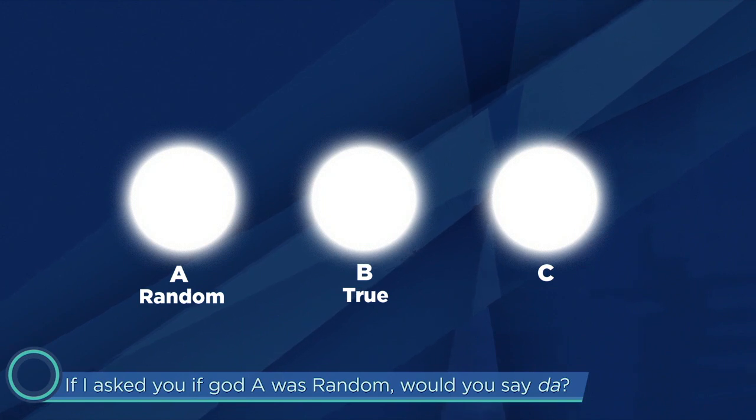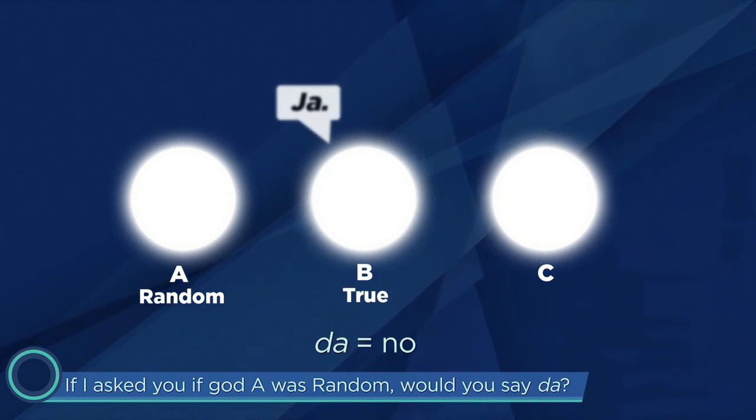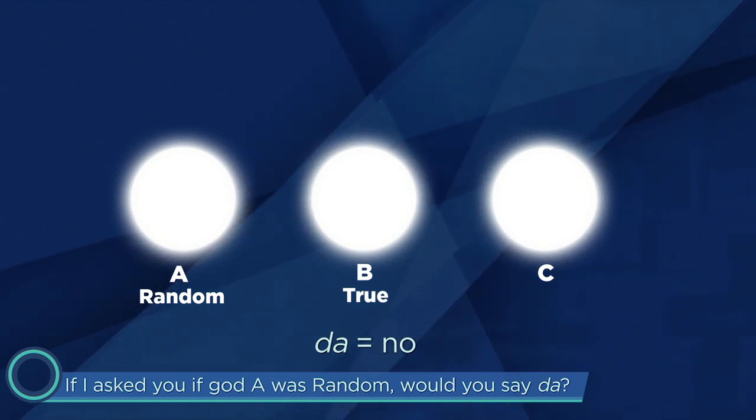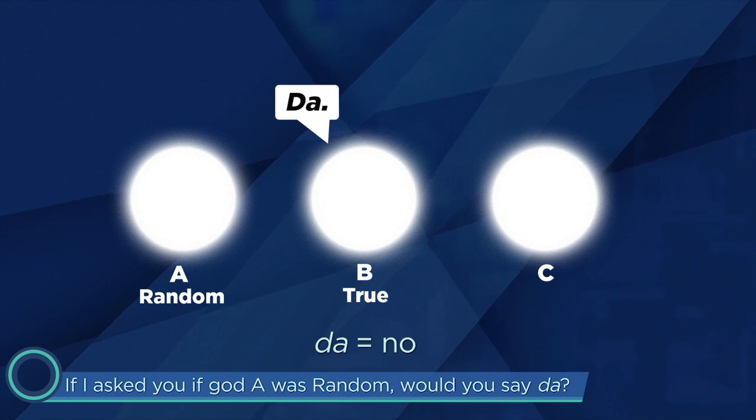Now continue to suppose that B is true and A is random, but now assume that da means no. Again, true will answer yes when asked if A is random. That means saying ja. So B's answer to the conditional question is no, since he will not say da when asked if A is random. Thus, B will again say da in this scenario.